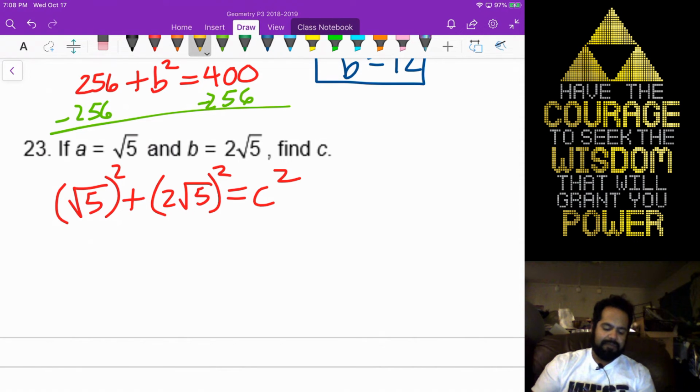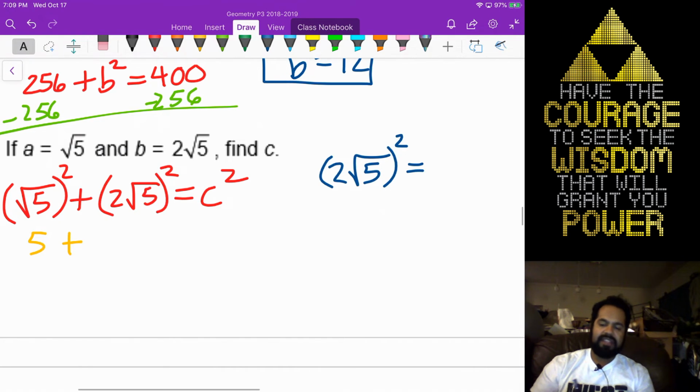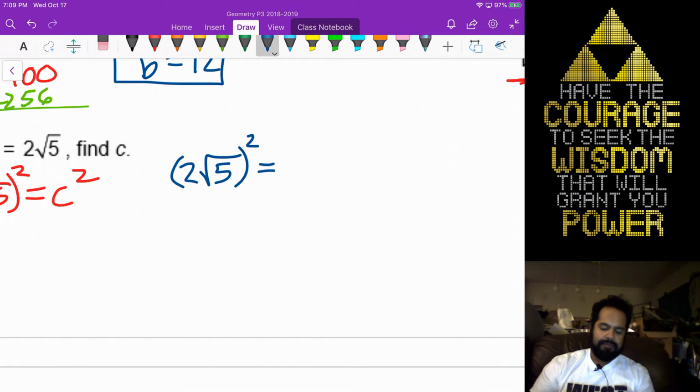So then we're going to be left with 5 plus, now this 2 rad 5, I know some of us are a little stumped on how do we actually square that. Well, if we say 2 rad 5 squared off to the side here, we know that that's just equivalent to 2 rad 5 times 2 rad 5.